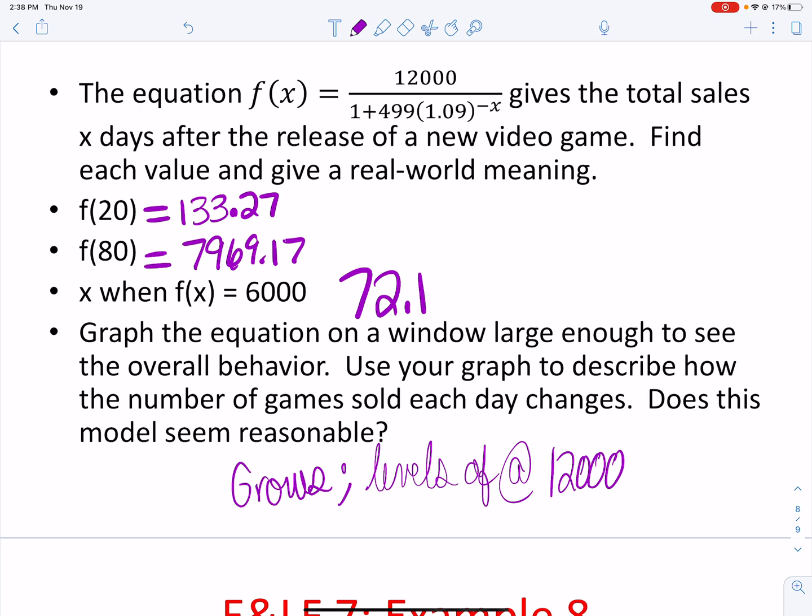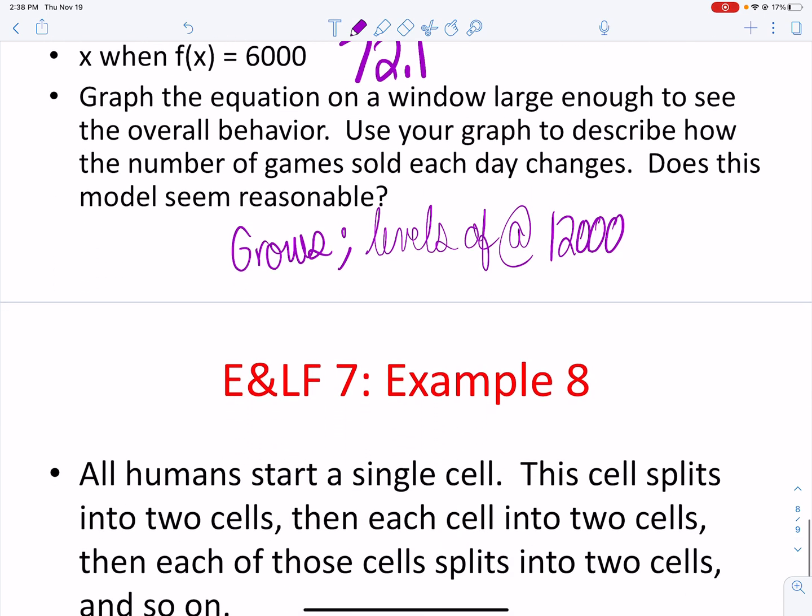It's a brand new game and maybe nobody's heard of it before. And then people start playing it and they really like it. So word of mouth, everybody buys it, but then everybody owns it. So now it levels off because you're not going to buy two of a video game, one is enough. So leveling off makes sense, okay?